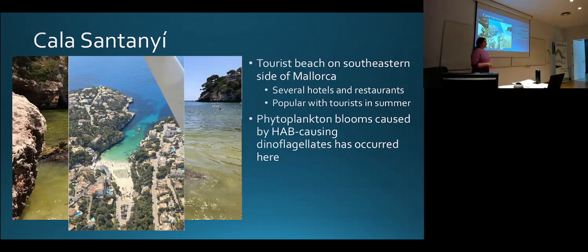It's happened for at least the last 5 years and possibly even the last 20. And the locals do blame the hotels for it. More or less true, I don't know. We did collect seawater samples to do nutrient studies, so we're working on that.